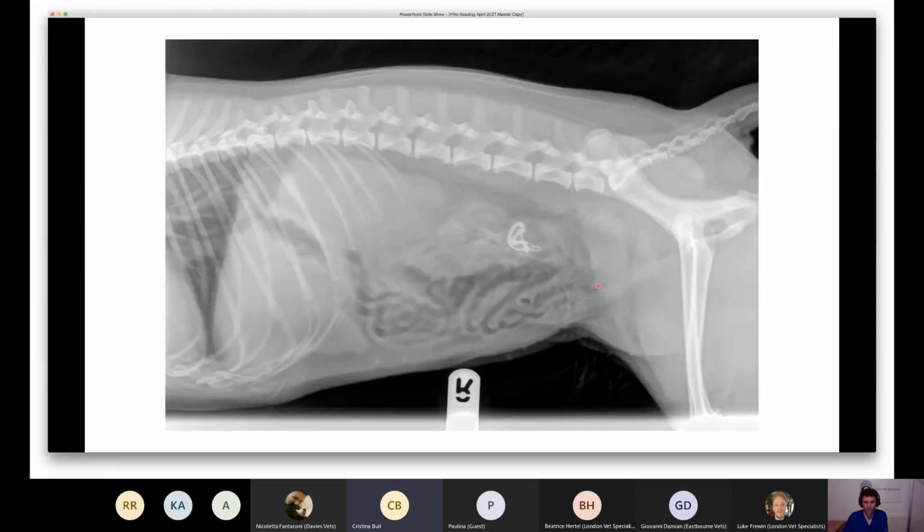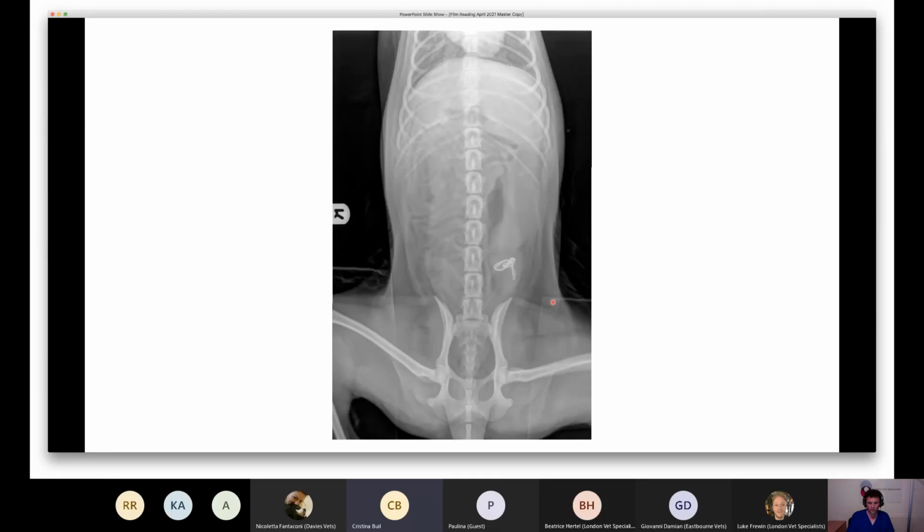So with the clinical history and the findings, obviously, I will be concerned about that linear structure. It could possibly be compatible with an abdominal swab left inside the animal during the surgery, possibly having some peritoneal reaction around it.